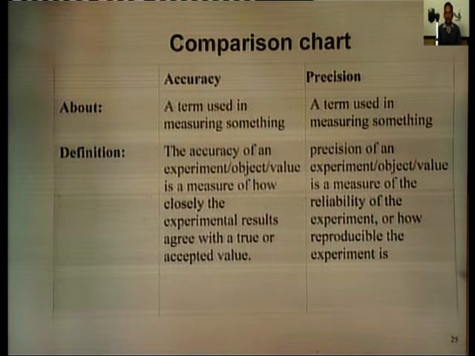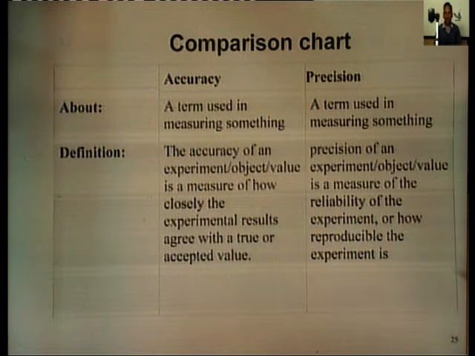This is the comparison chart about accuracy and precision, terms used in measuring something. The definition of accuracy: the accuracy of an experiment is a measure of how closely the experimental results agree with a true or accepted value.